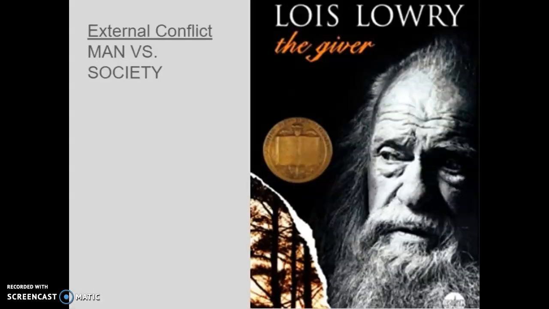Another type of external conflict we see is man versus society. I put up Lois Lowry's The Giver book cover because if you've read The Giver, or even if you haven't, the main character, Jonah, lives in a dystopian society, and he finds out some information about the society. This new information puts him in conflict with the society, and he doesn't want to go along with it anymore.